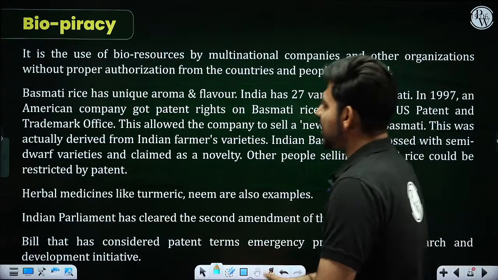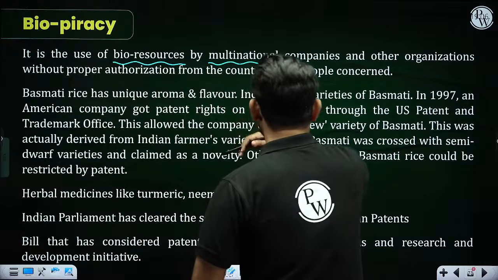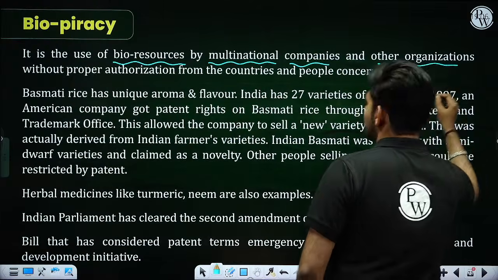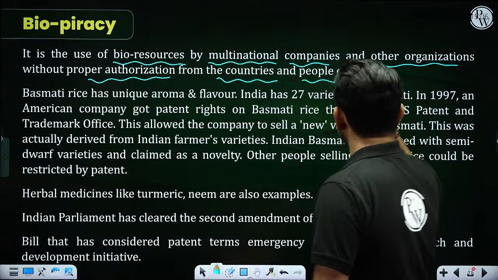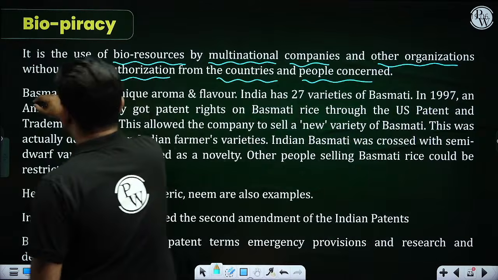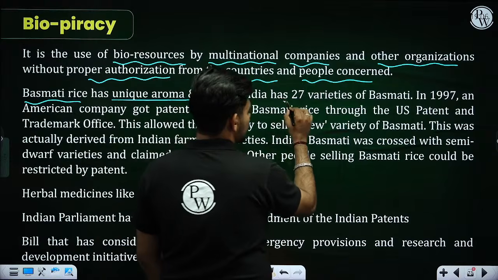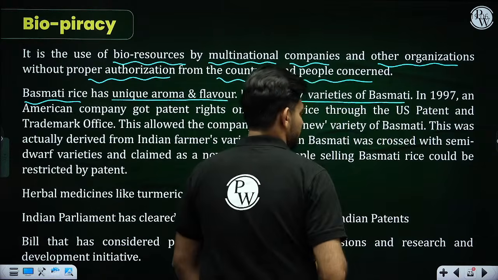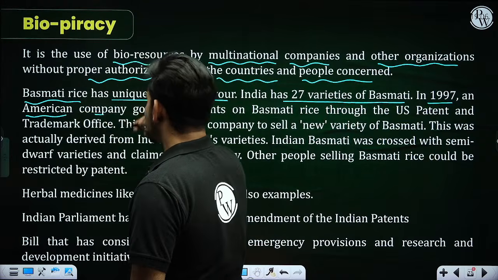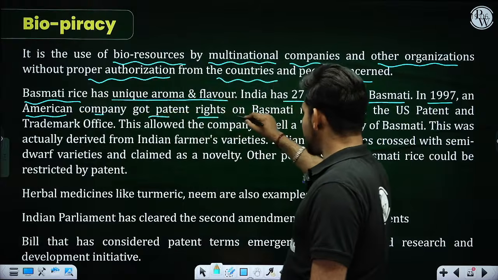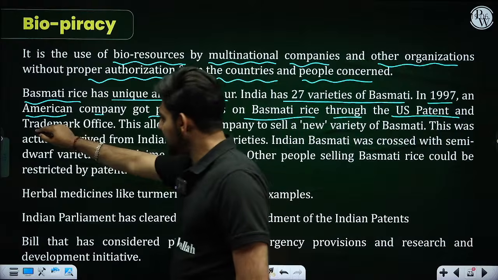Now what is biopiracy? It is the use of bioresources by multinational companies and other organizations without proper authorization from the countries and people concerned. Like basmati rice has a unique aroma and flavor, and India has 27 varieties of basmati. In 1997, an American company called RiceTec got patent rights on basmati rice through the US Patent and Trademark Office.